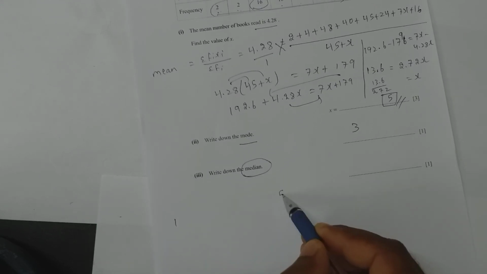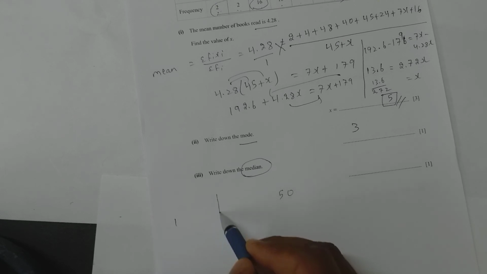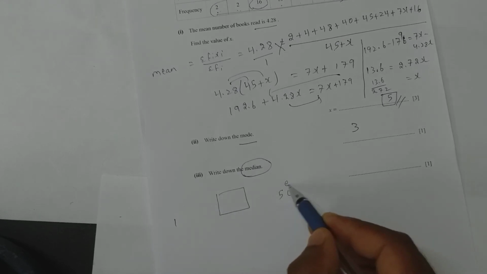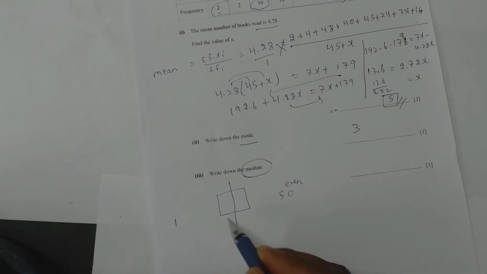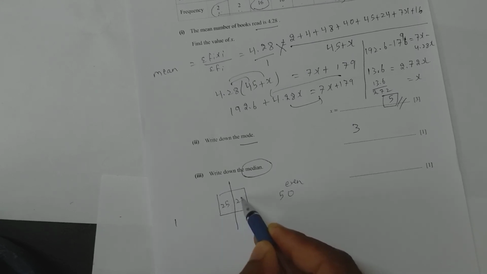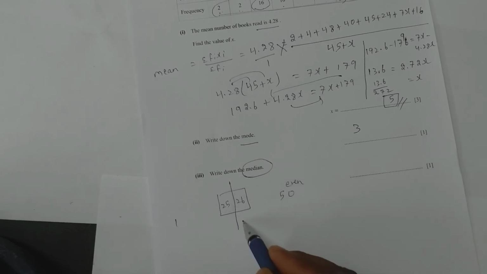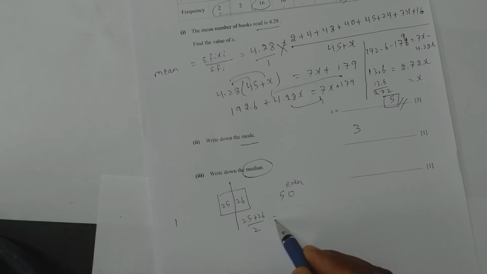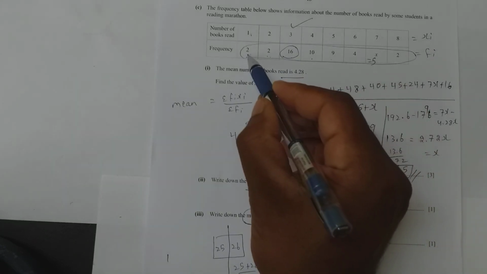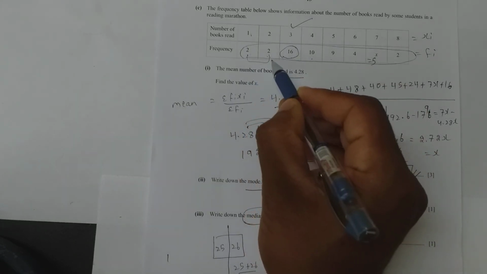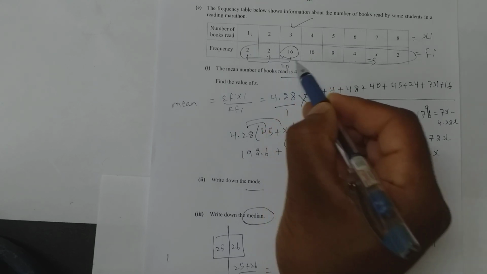From 1 to 50, what is the middle value here? It's an even number. Whenever it is even, the middle will be between the 25th and 26th, so the median is 25 plus 26 by 2. Now which number do I have in the 25th position? Till here 2, next one 4, next one 20.